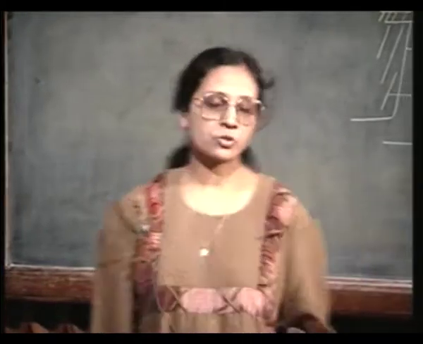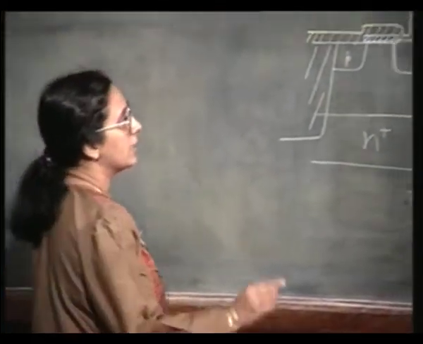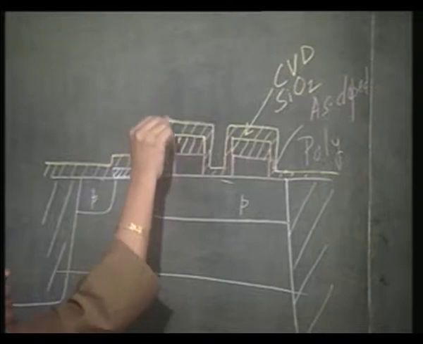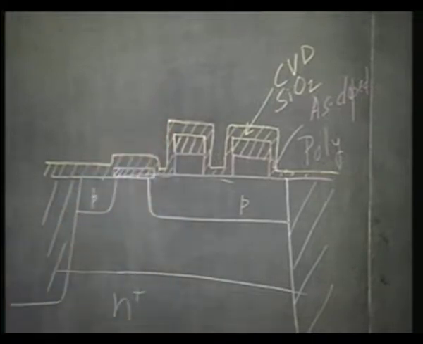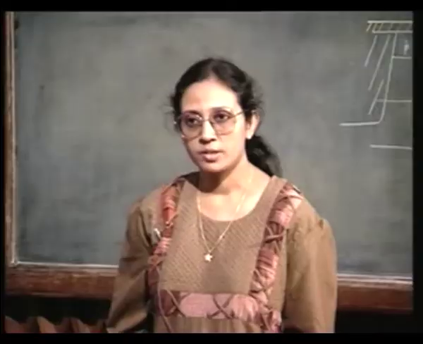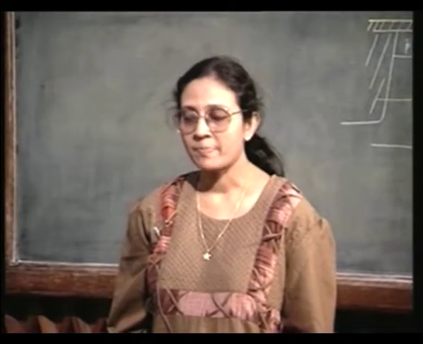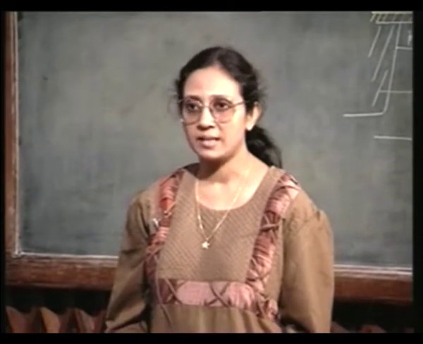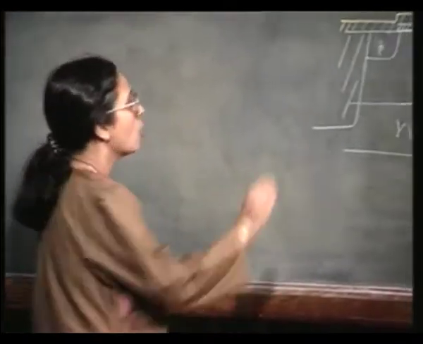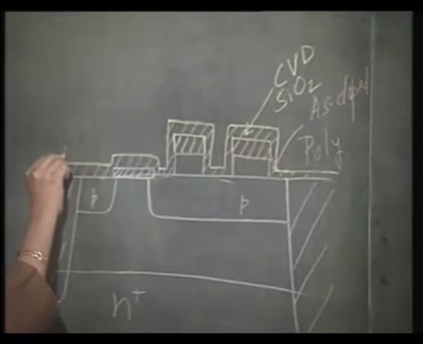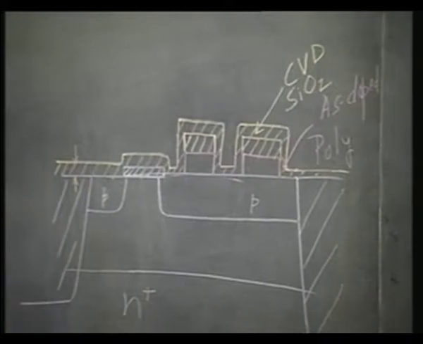When I say anisotropically etch, I mean that the etching is only going to be in the vertical direction. I can do that by using the dry etching technique by suitably adjusting the etching conditions. And I partly etch, that is I etch only this much.